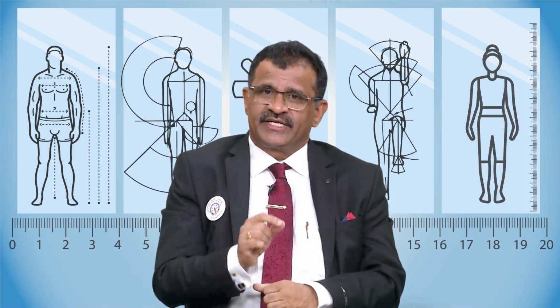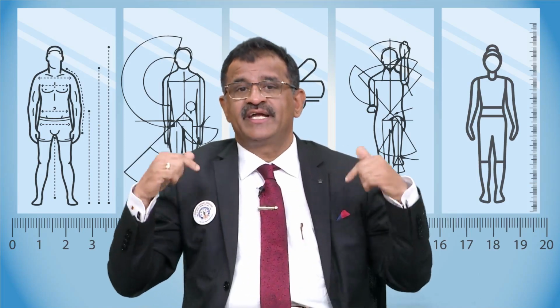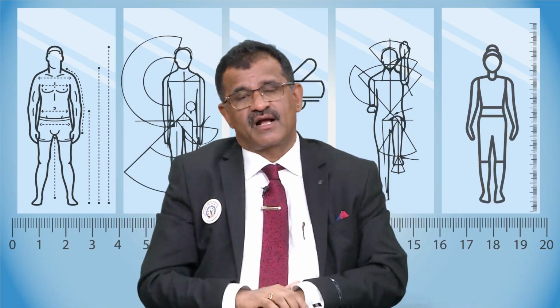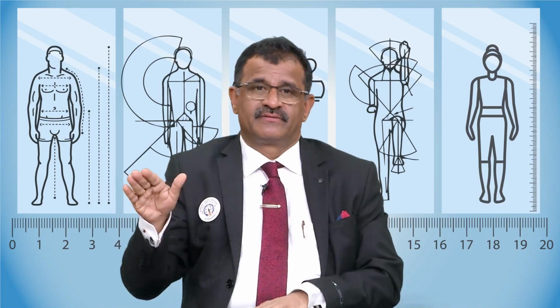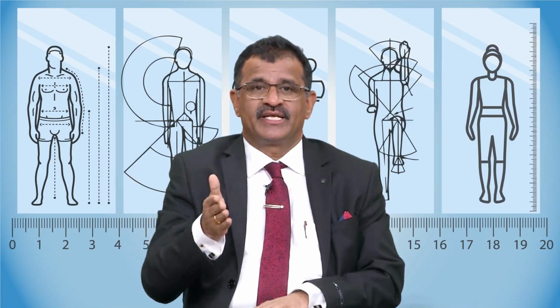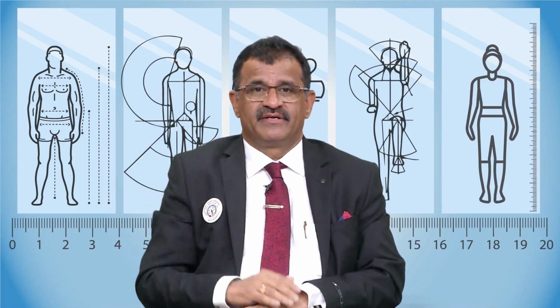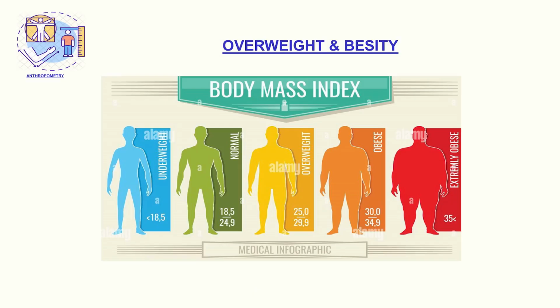It is calculated by weight in kilograms divided by height in meters squared. So, answer comes in ranges below 18.5 and there are ranges and above 35. We call people as underweight, normal, overweight, obese and severely obese.